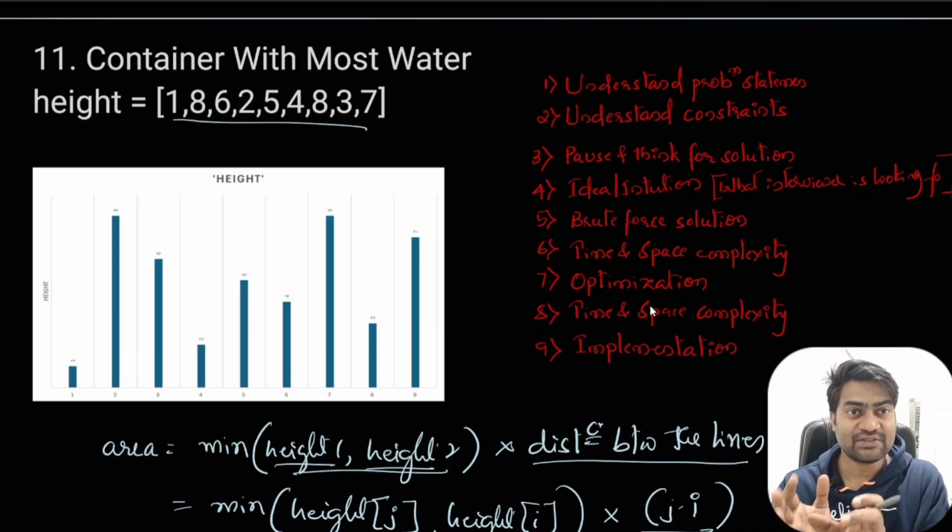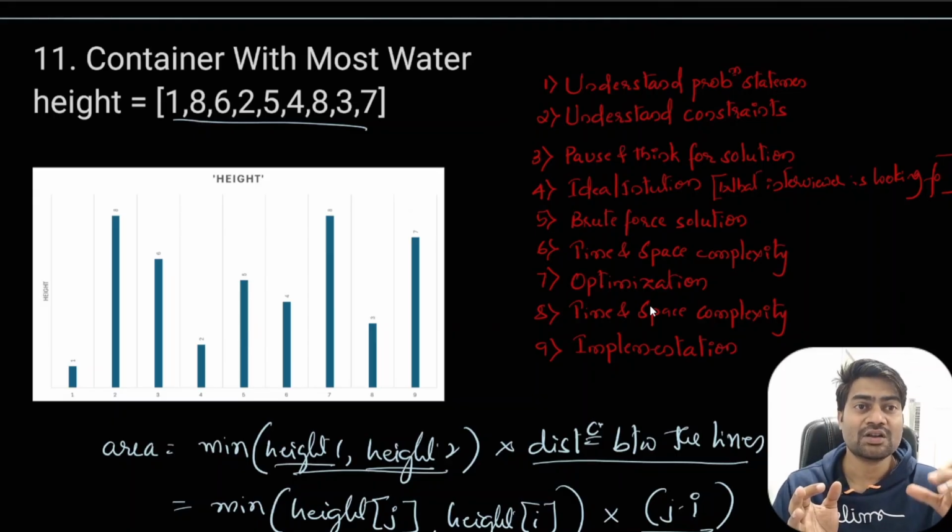If the left side is the lower value, I will increment the left pointer. If the right side value is lower, I'll decrement the right pointer. Why? I am trying to eliminate the lower height, because lower height will always give you lower area if you compare it with the remaining heights.